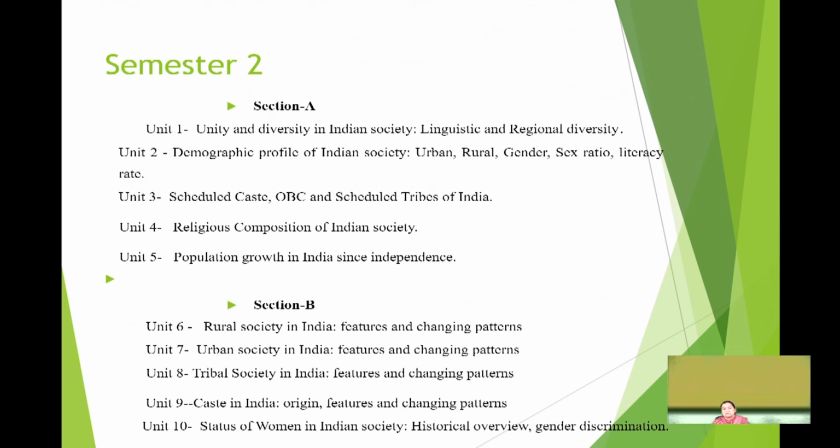So to know about the demographic profile, to know about the unity and diversity is one of the important components of understanding Indian society. Before you get into understanding how Indian society is organized, what are the various issues and problems, we need to know how diversified it is and what constitutes Indian society.